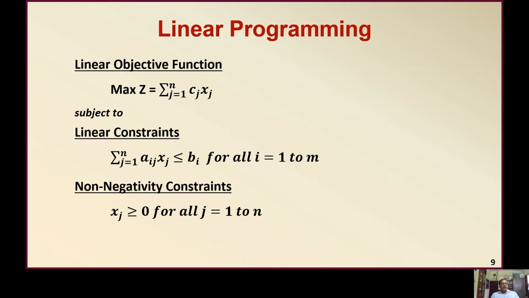That is how the linear constraints are made for a maximization type of problem, where in the standard form all the constraints are less than or equal to, and we have the non-negativity constraint.